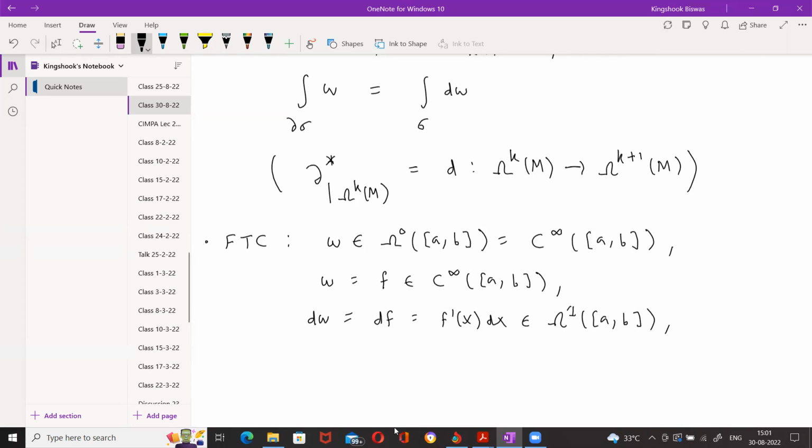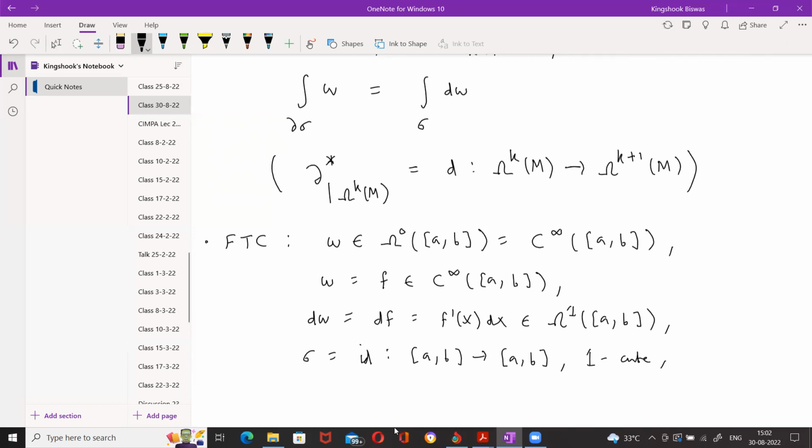Okay, and then I have to take a one chain. So my one chain sigma is just the identity from AB to AB. This is my one chain. Oh, it's a one cube.